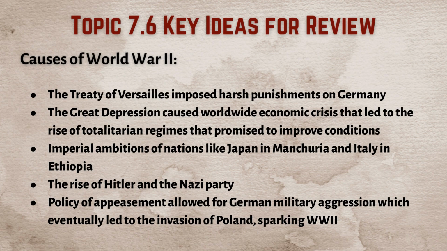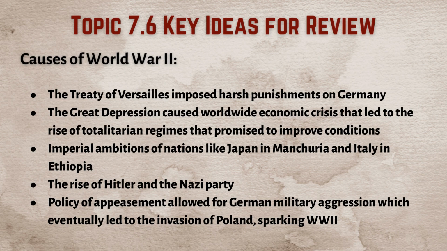To wrap up, these are the major ideas you should understand for this topic. First, the Treaty of Versailles and the Great Depression created widespread instability, both economically and politically. These conditions made it easier for extremist leaders to gain support. Second, totalitarian leaders in countries like Germany, Italy, and Japan used this instability to rise to power and promote aggressive, expansionist policies.